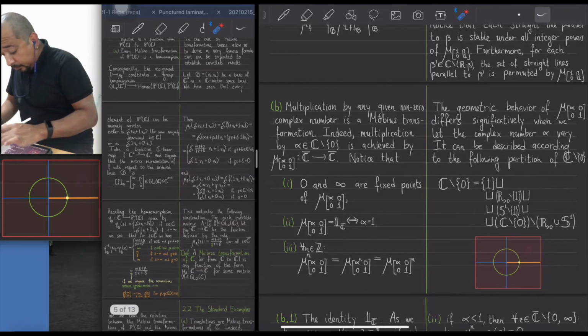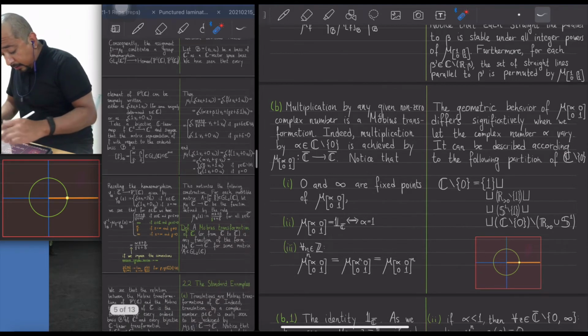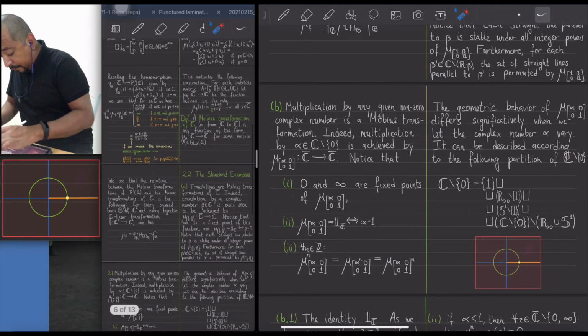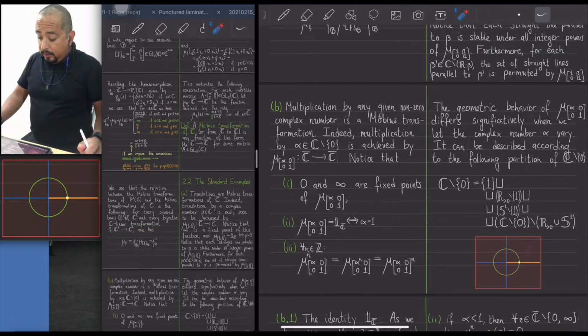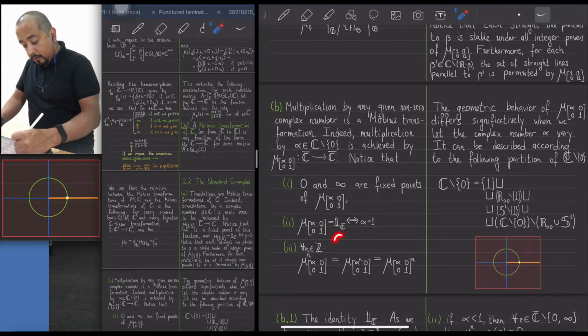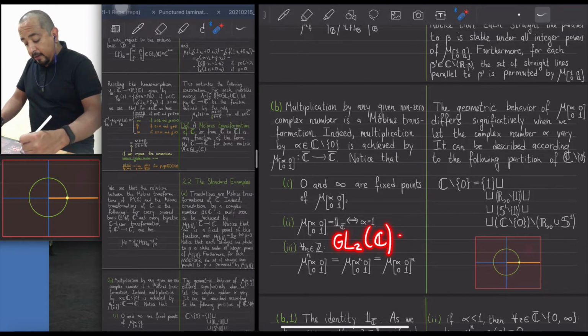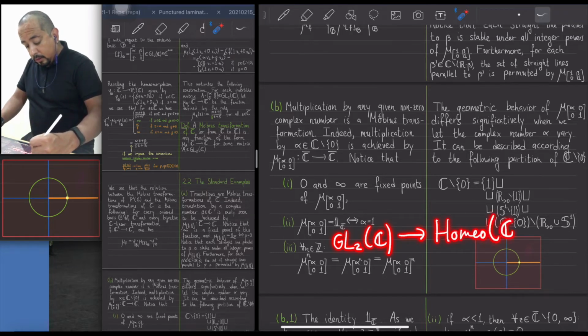And because of this relation, it turns out that associating to each matrix its Mobius transformation is a group homomorphism from GL2(C), that is the group of invertible 2 by 2 matrices with entries in C, to the group of self-homeomorphisms of C bar.